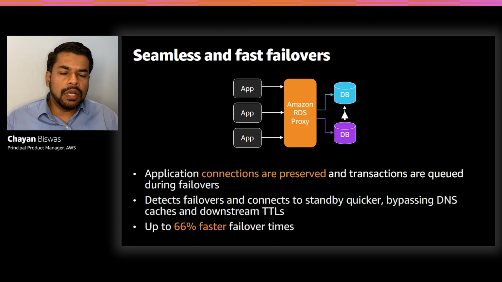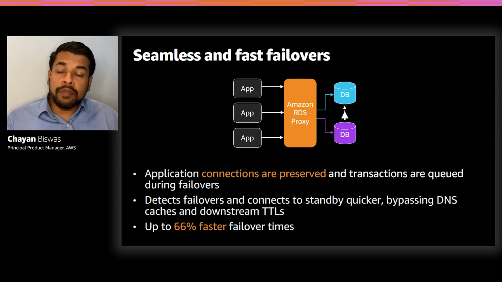Versus with RDS Proxy, because it connects directly to the database instances, it is fully aware of your Aurora cluster topology, and it is able to detect a failover immediately once Aurora initiates it. As soon as a new instance comes up, it will be able to connect to it and pass on any pending transactions that it queued up.